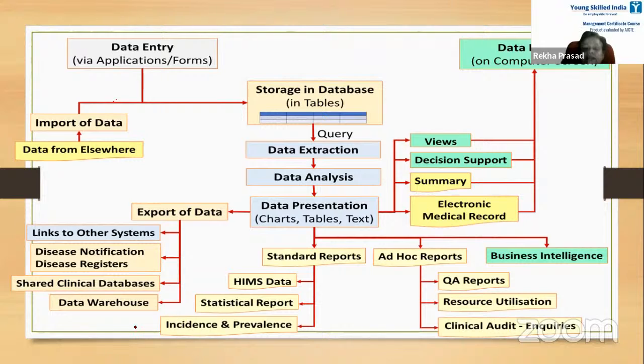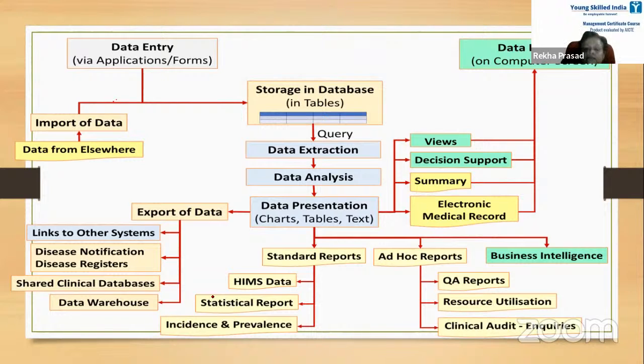Data presentation: standard reports can be generated, ad hoc reports can be generated. For example, a report of how many people suffered from dengue in the month of January 2022, how many people suffered from cancer in 2022. Any type of report can be generated through those data.